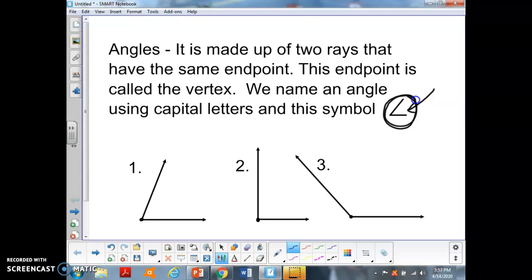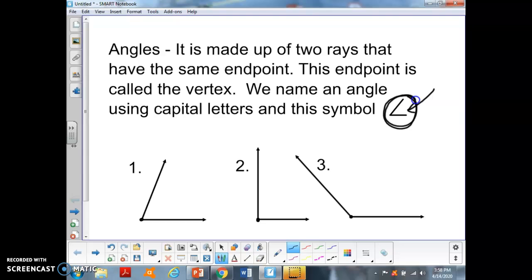On your screen, you see three different types of angles. The angles could be either an acute angle, an obtuse angle, or a right angle. And then a fourth kind is also a straight angle.